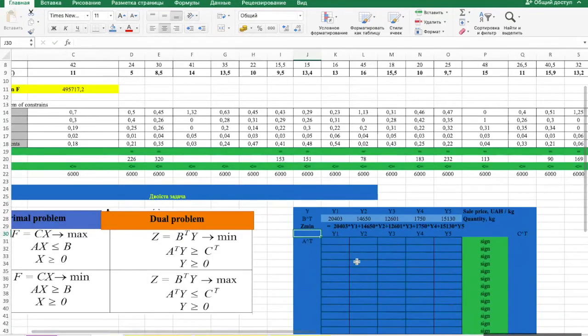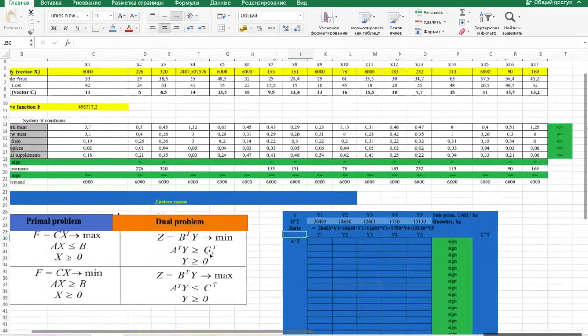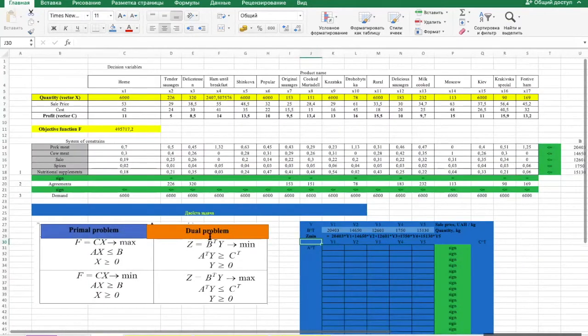Yes. Next step, what do we need to do? We need to write the system of constraints. So where do we get our C transpose? From what part of our data set? C is our profit vector. Yes.